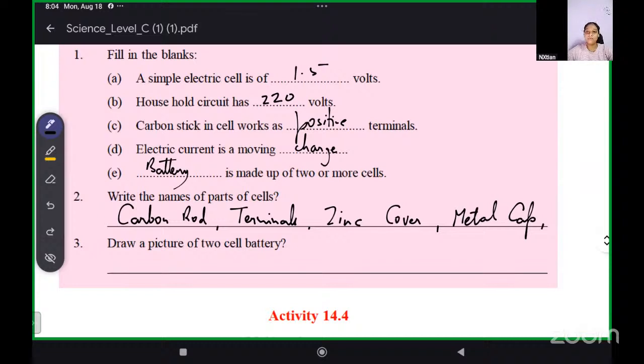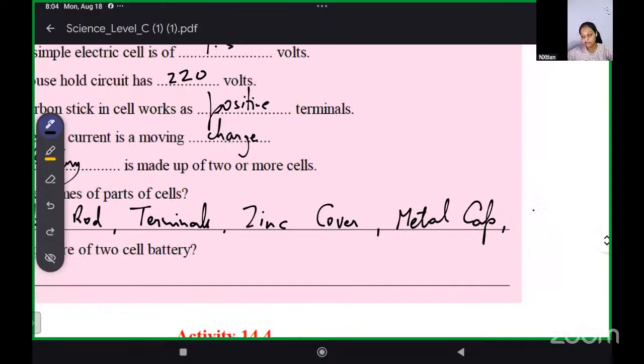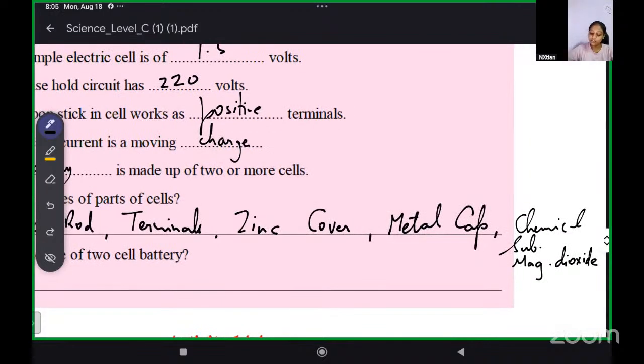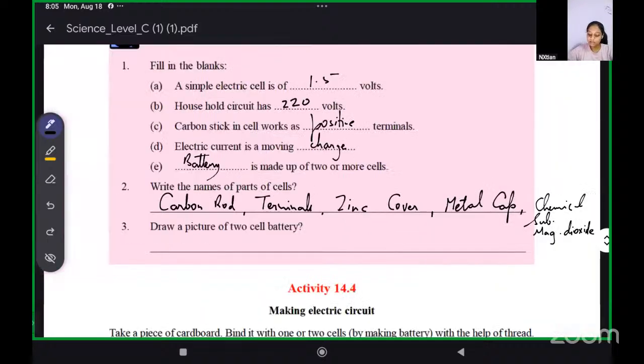You have electrolytes and manganese dioxide as the chemical substances. Okay, this one is homework. The third one is homework.